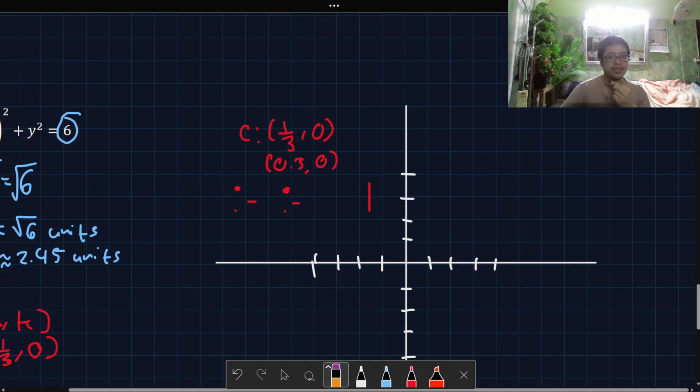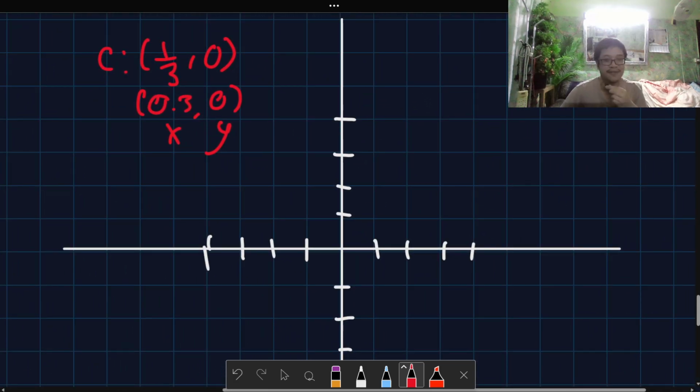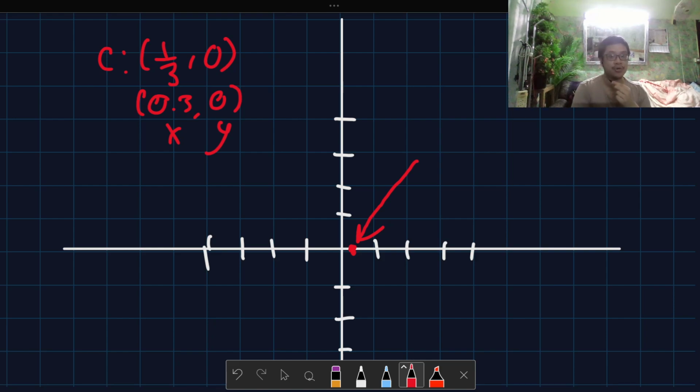Now that we approximate our x as 0.3 and your y as 0, we're going to move 0.3 units to the right. It's very close to 0, so let's assume that it's here. Then the thing here is that your y is 0, so that means you're not going to move up or down.